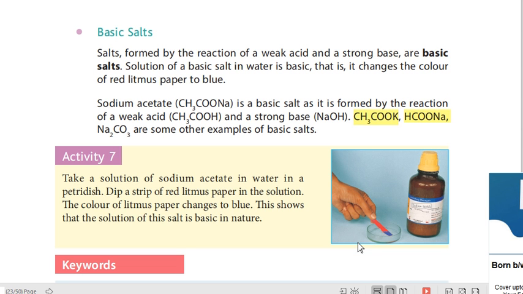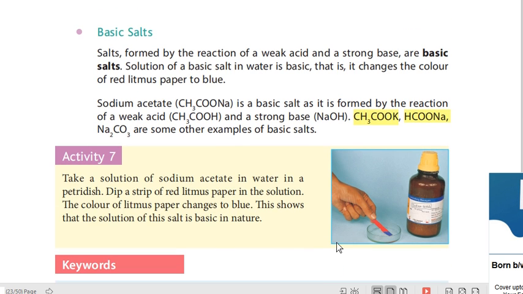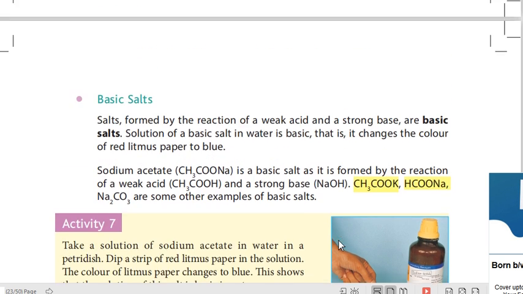This is the indication that the salt is basic in nature. Okay. In this way, we can identify whether the given salt is acidic, basic or neutral in nature. So we classify salts in three categories: acidic salt, basic salt, and neutral salt.